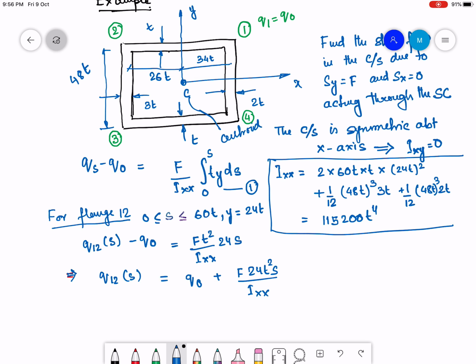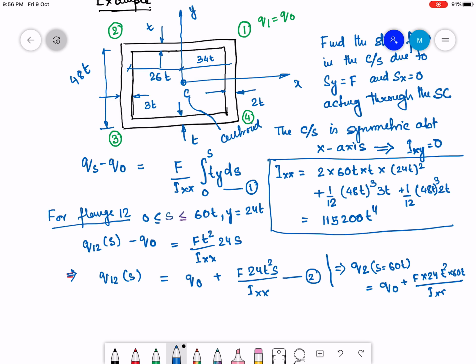Okay, so this is my second equation. From this equation I can get q2 at s equals 60t. So that is going to be q0 plus f into 24 t square into 60t by Ixx.